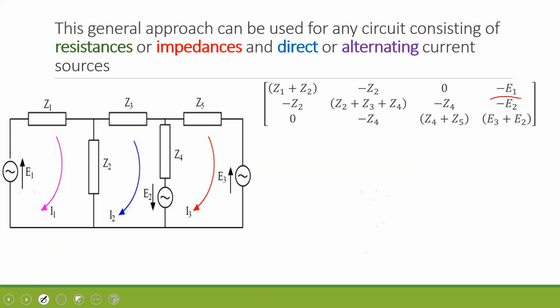Similarly, for mesh 2, Ms. Richards, which terminal is the current I2 entering? For the source in the mesh, which terminal is it entering?